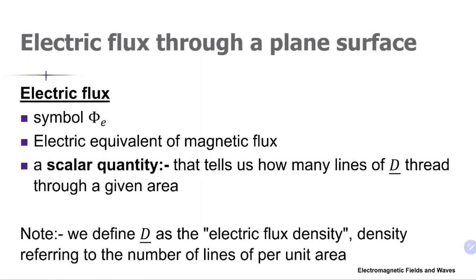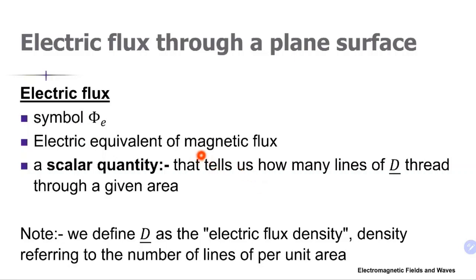So we talk about electric flux density, and it only makes sense if we talk about what is electric flux. So electric flux through a surface or a plane surface. We introduce electric flux with the symbol capital phi with a subscript E, and we call that the electric flux.